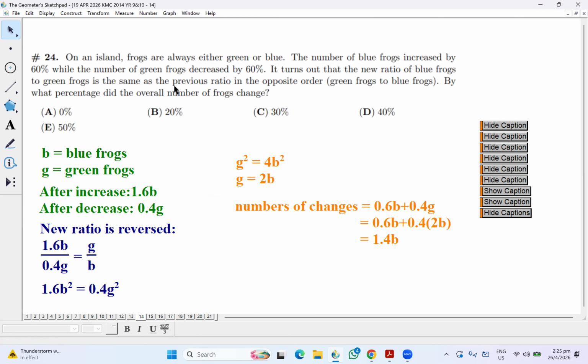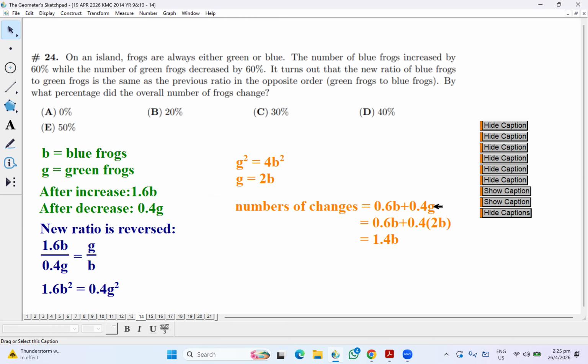So question asks for what percentage did the overall number of frog change. Frog change is 60% decrease and what? Number decreased by 60%. A change by 0.6.